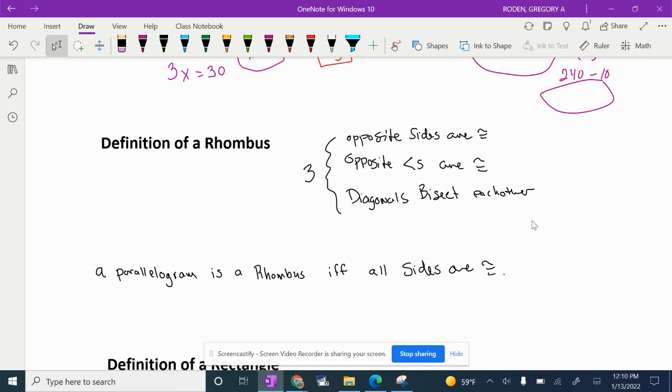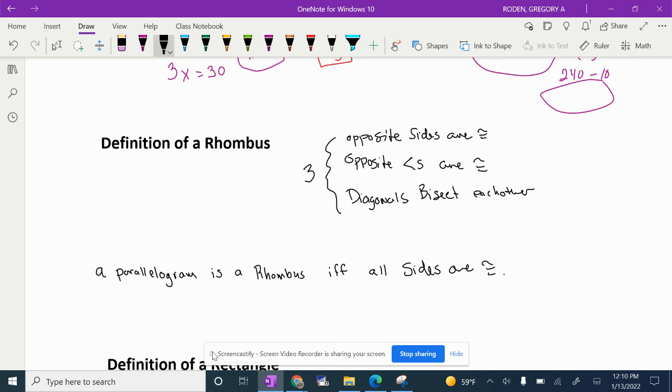Okay? So that's the definition. A parallelogram is a rhombus if and only if all sides are congruent. So that's biconditional. So you could also say if all sides on a parallelogram are congruent, then it's a rhombus.